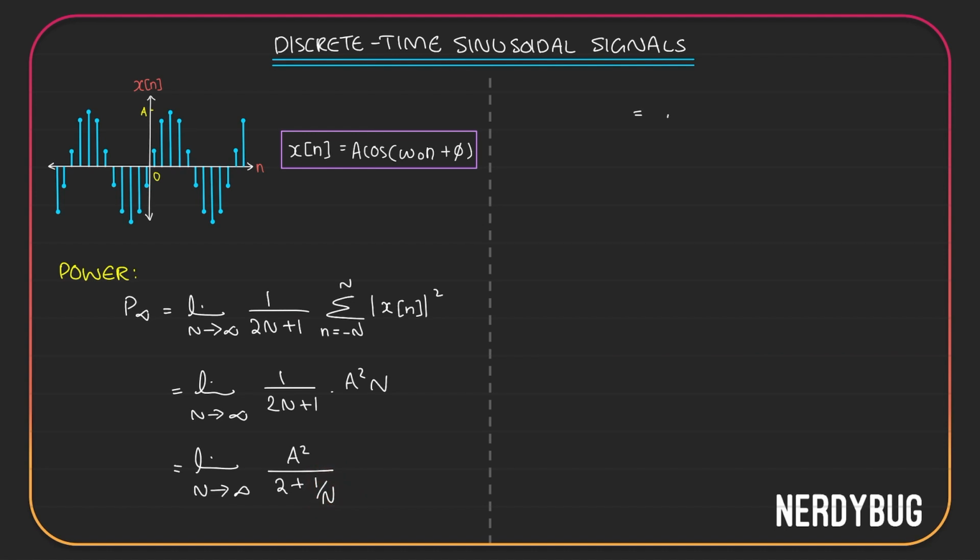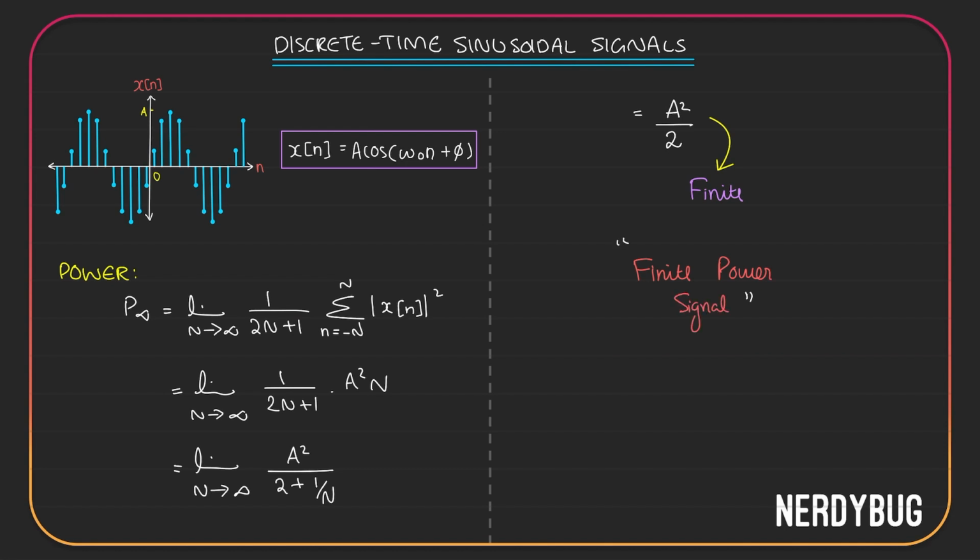So this simply becomes A square by 2, which is a constant. So we can conclude power of this signal is finite. And we have a name for a signal whose power is finite and energy is infinite. Yes, it is a finite power signal.